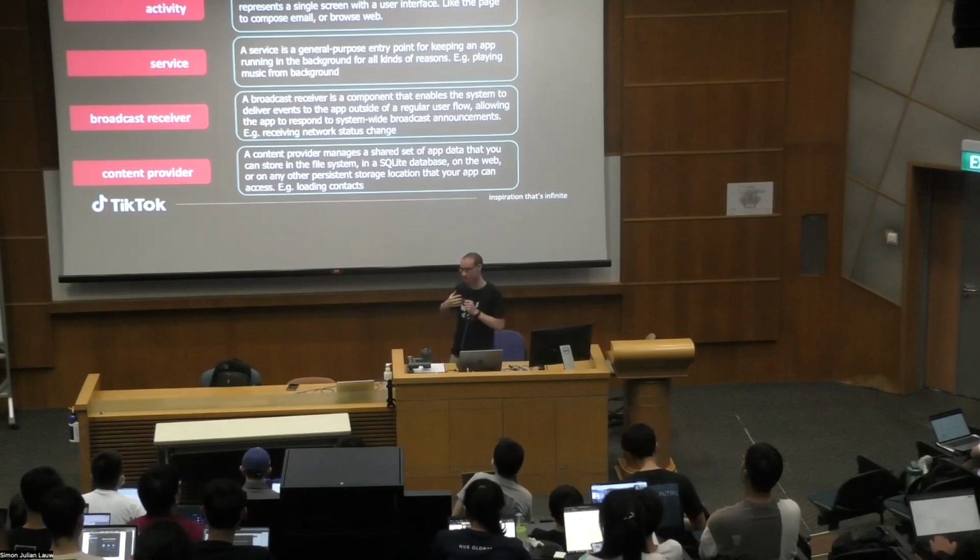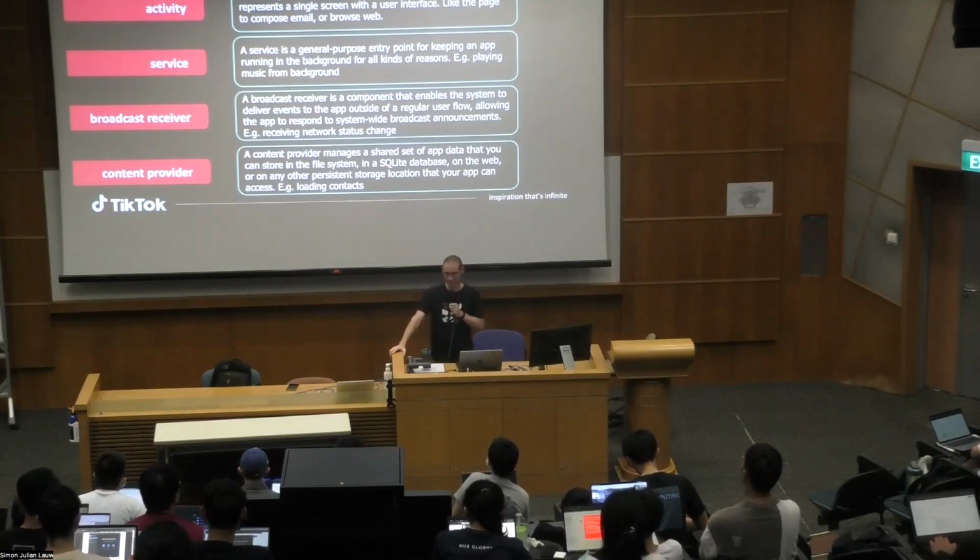Or I can start my own broadcast and say to the other applications, hey, I'm doing this, maybe you guys are interested and you can react to this. So this is like a global event bus that may also be useful.